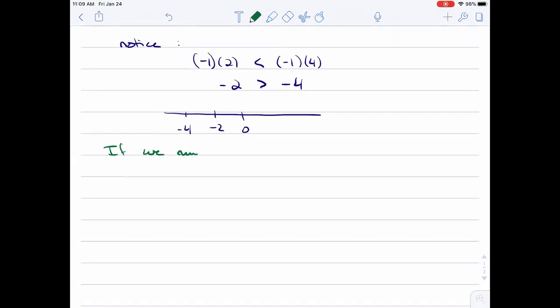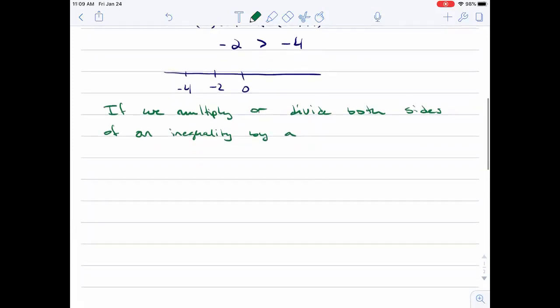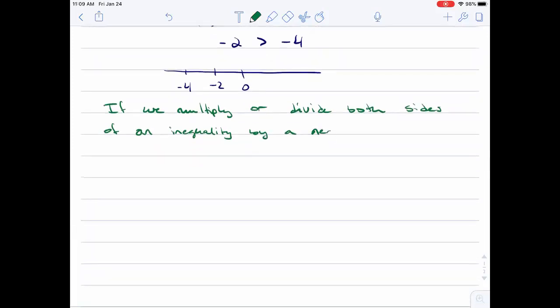If we multiply or divide both sides of an inequality by a negative number, we must switch the inequality.